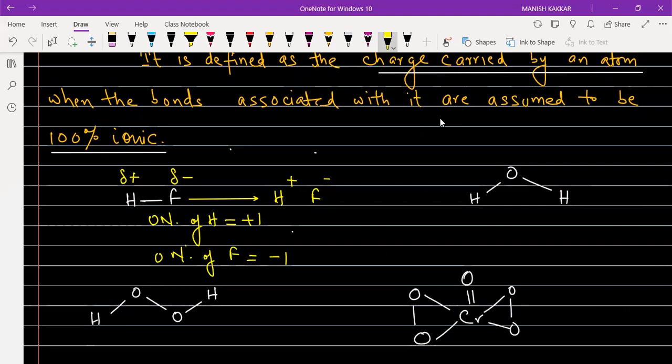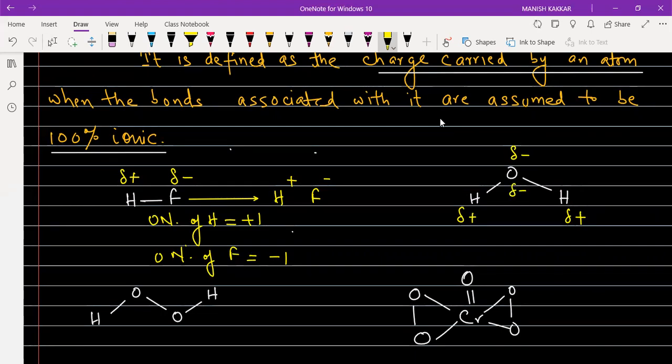Is it clear? If I consider the molecule of water where there is a bond between the oxygen and the hydrogen atom and there is an electronegativity difference, oxygen is considered to be the second most electronegative atom of the periodic table. तो ऑक्सीजन पे नेगेटिव चार्ज होगा इस बॉन्ड की वजह से और इस बॉन्ड की वजह से भी नेगेटिव चार्ज होगा, पार्शियल नेगेटिव चार्ज.